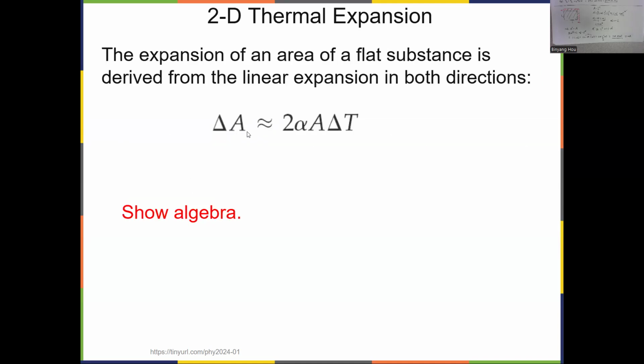So delta A, the change in expansion in two dimensions, is approximately twice alpha times the original area times delta T. Okay, and so basically the area expansion coefficient should be 2 times our linear expansion coefficient.